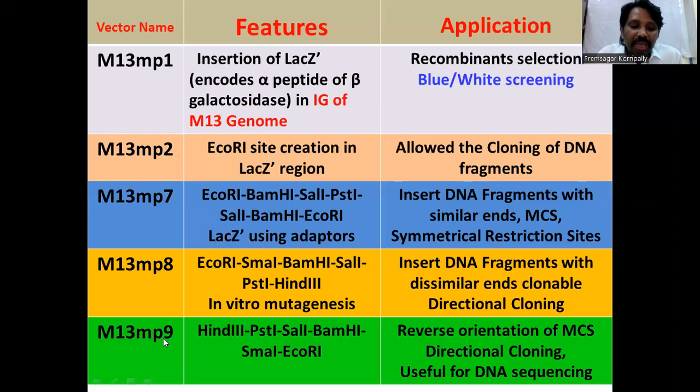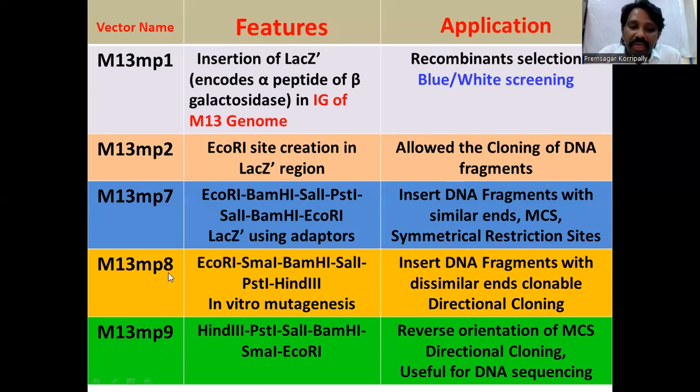Then M13mp9, where the MCS is reversely oriented. So here, in case of M13mp8, EcoRI is close immediately after the promoter. But when it comes to the M13mp9, HindIII is very close to the promoter. So it's a reverse orientation of the MCS and directional cloning.